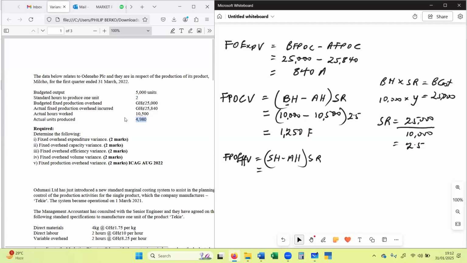So what do we get? 9,960. Then the actual hours is 10,500. The standard rate is what we calculated, 2.5. So what do you get?